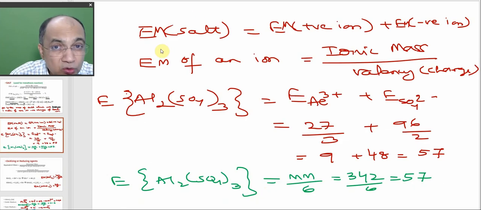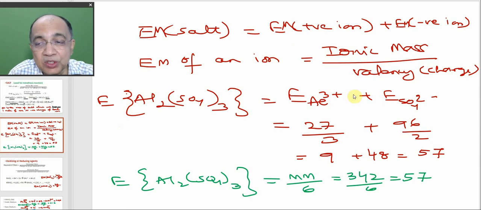Now, we can also find out the equivalent mass of salt in an indirect way by adding up the equivalent mass of the positive ion and the equivalent mass of the negative ion. For each ion, the equivalent mass is the ionic mass by its valency or charge. For example, we will find the equivalent mass of the whole aluminum sulfate salt.